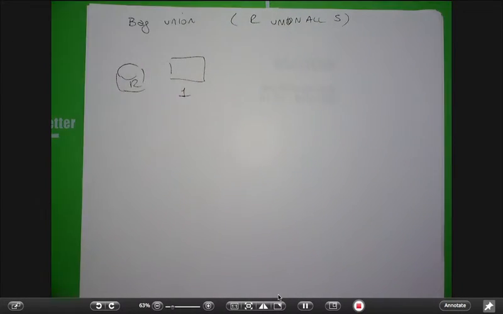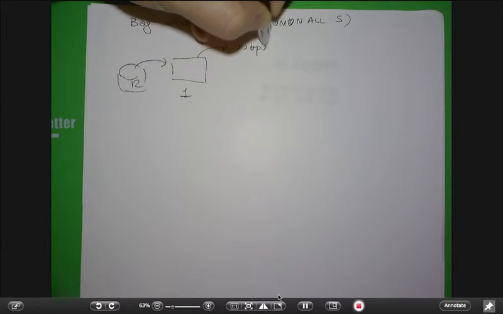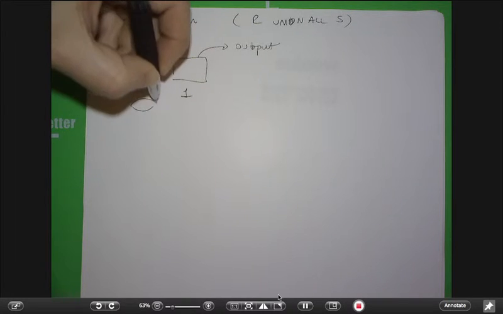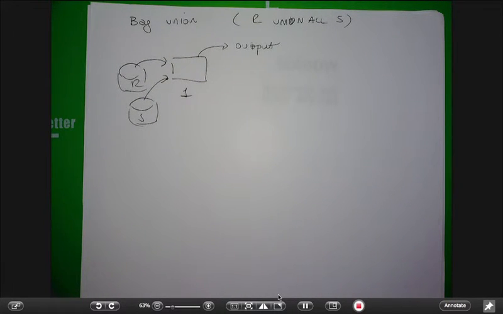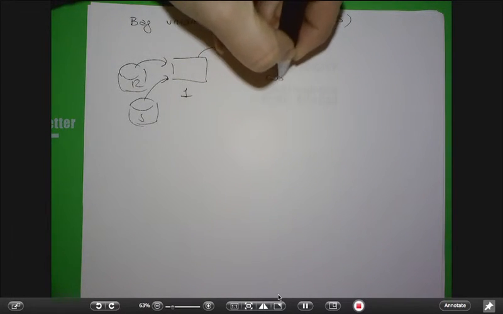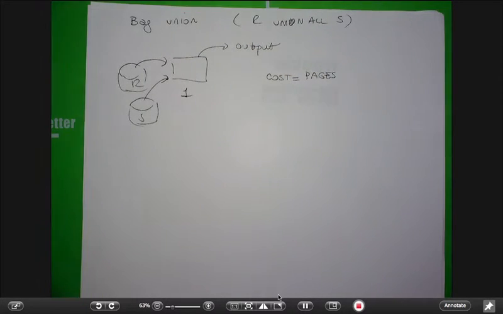All I need is one block, read R and output, and then read S and output. So read R one by one, put the tuples out, and read S one by one, put the tuples out. As a result, I don't need more than one block. This is similar to sequential scan, and the cost is the same, except its requirements for memory is much smaller.